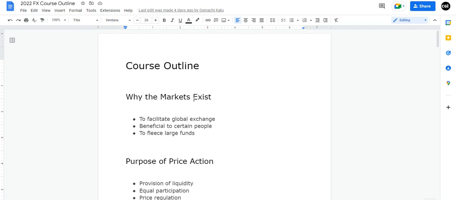For example, you have Tesla shares, you can buy Tesla shares, and as the value of Tesla is increasing, as Tesla is doing more awesome things, their share price will increase. If Tesla makes bad decisions, their share price will reduce. For example, there was this time that Elon Musk was trying to buy Twitter.